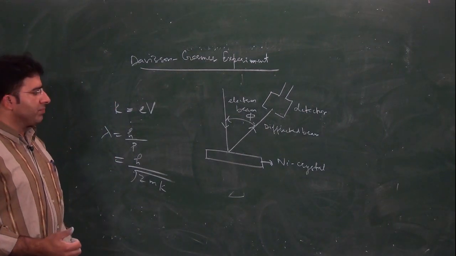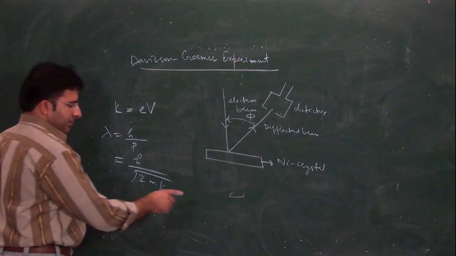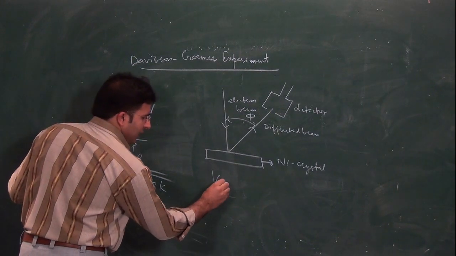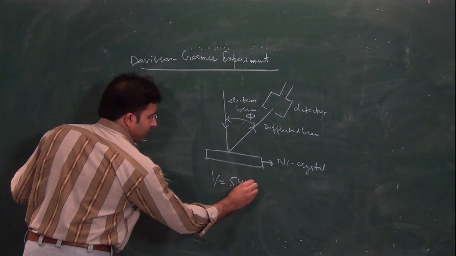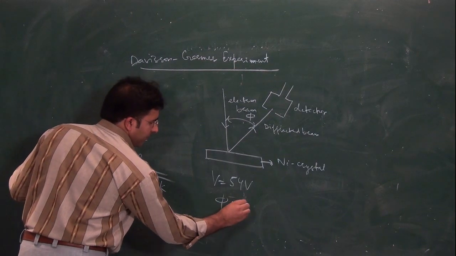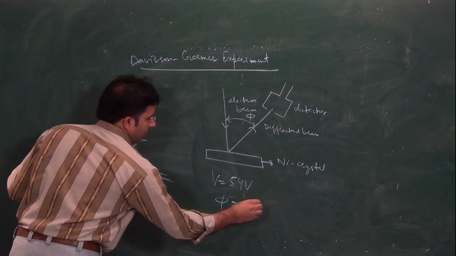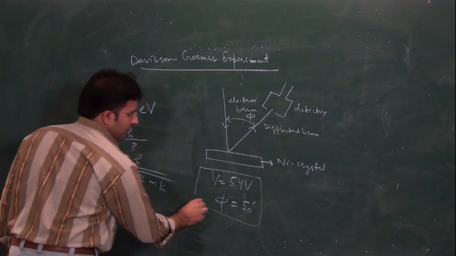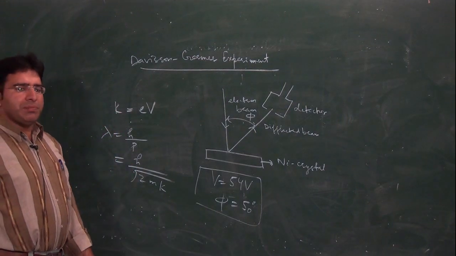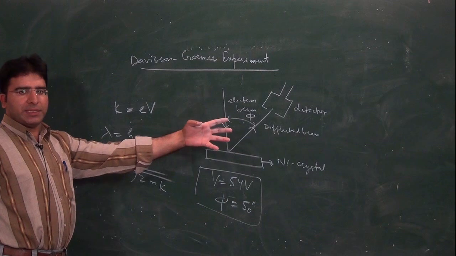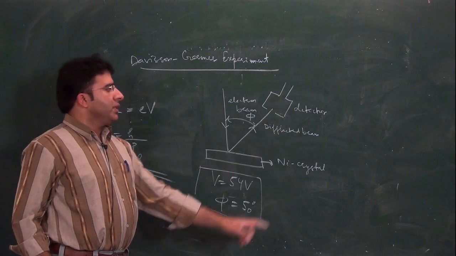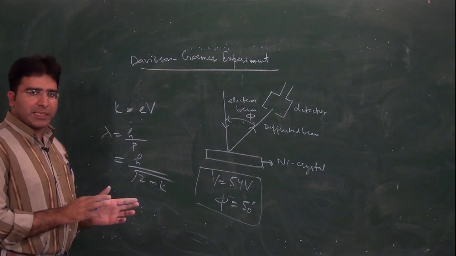It was observed by Davisson and Germer that when V is 54 volt and phi is 50 degree, the diffracted beam is most intense, or I can say the current in the detector is maximum.